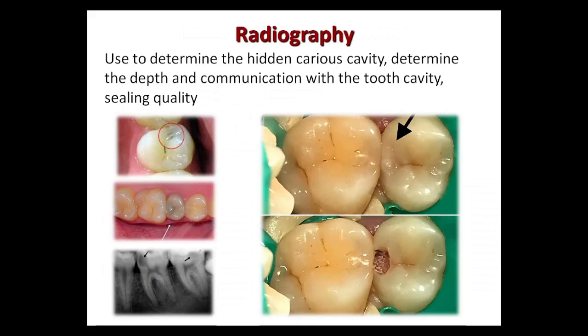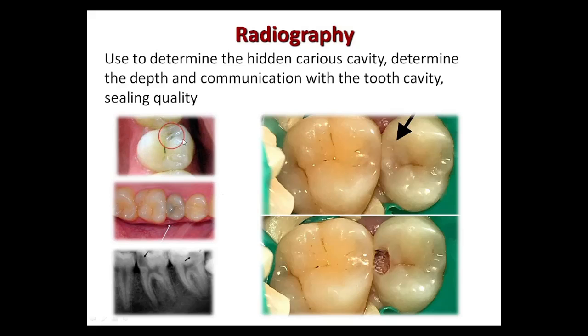Next method, number 3, radiography. We use it to determine the hidden caries cavity, determine the depth and communication with the tooth cavity, and sealing quality also.